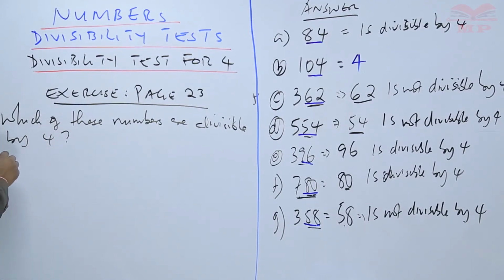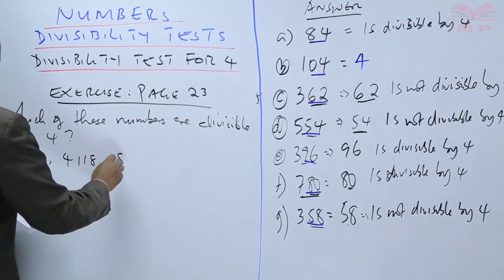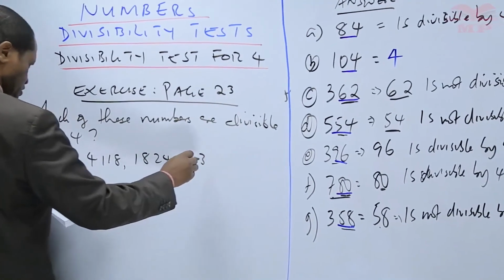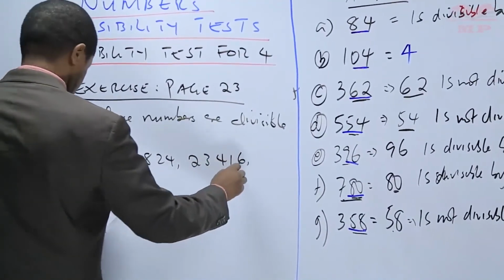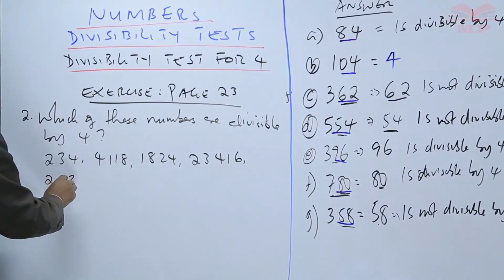The first number is 234. The second one is 4118, followed by 1824. Then you have 23,416. We have 28,036.